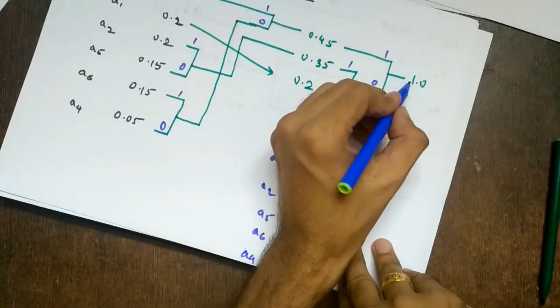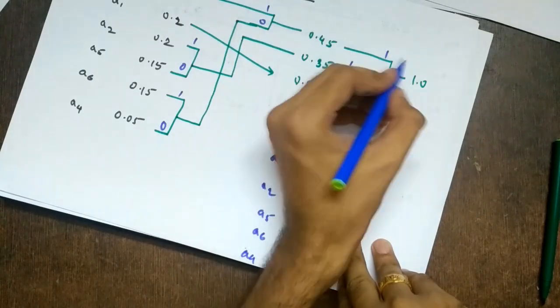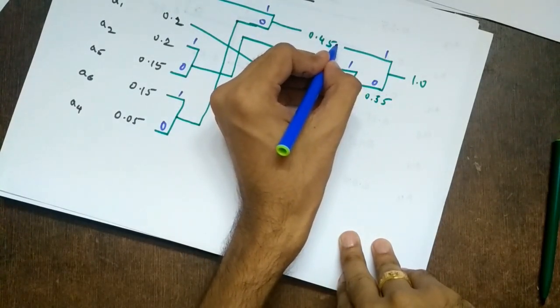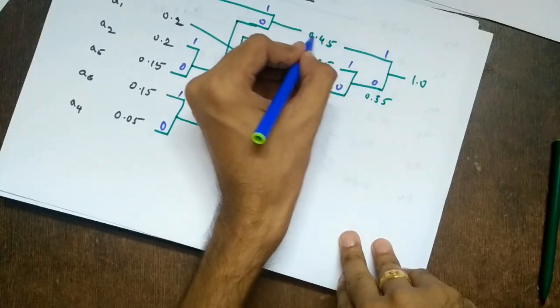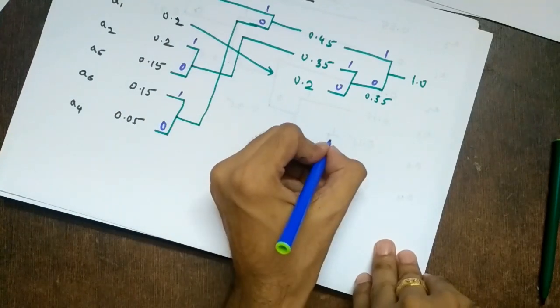So for A3, from here we have to go to A3. Be careful. I am going here, I am encountering 0.45. I am not encountering A3, remember. So I am going here 1. Again I am going here 1. So for A3 I am getting 1 1.